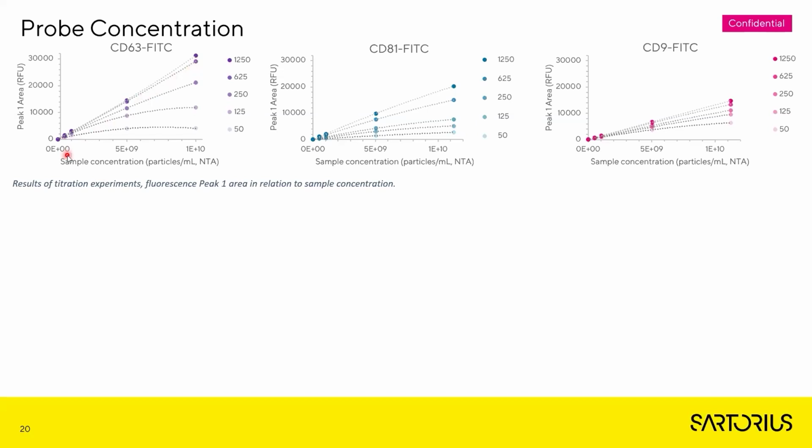After reaching saturation, a further increase in probe concentration would not cause a further increase of the signal intensity, and we can be sure that we have optimal detection of the particles.